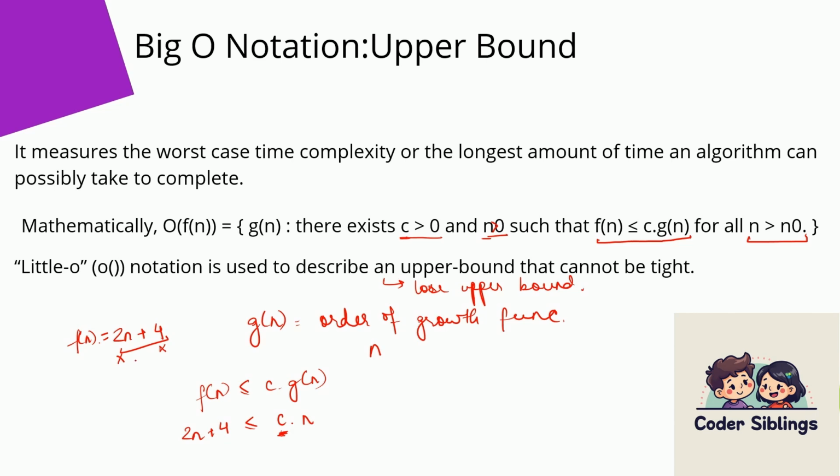In this case, the coefficient of our highest term is 2, so c is taken as 1 plus 2, which is 3. So replacing the value 3 in the function, 2n plus 4 is less than or equal to 3n.